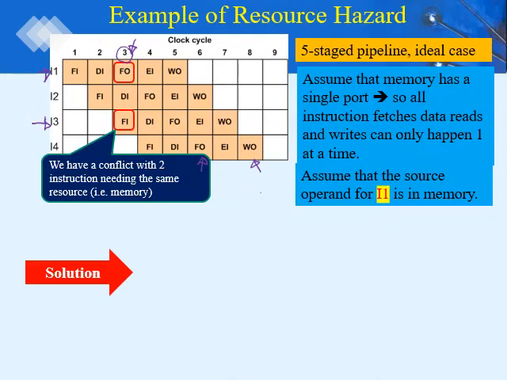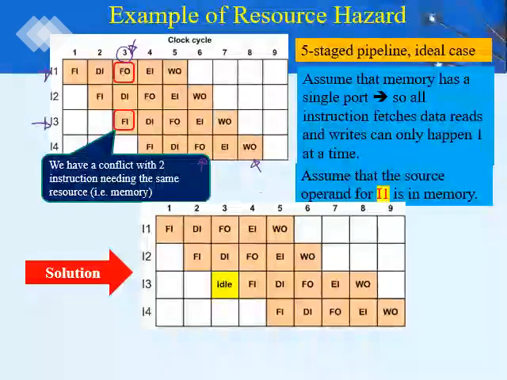So what is the solution? I3 should allow I1 to use the memory first to fetch the operand. Therefore, I3 has to be idle because it cannot enter memory. Memory is being used by I1.